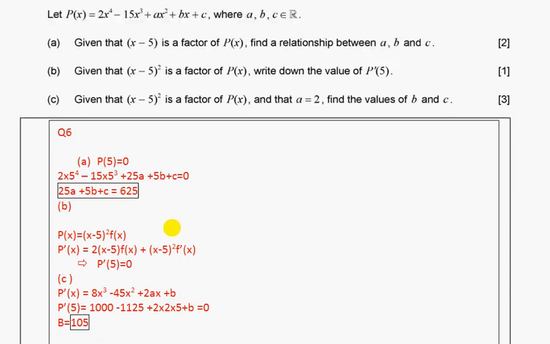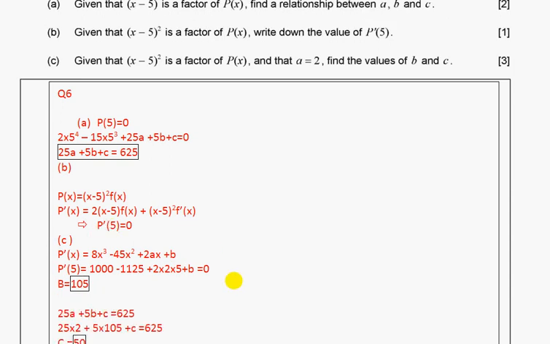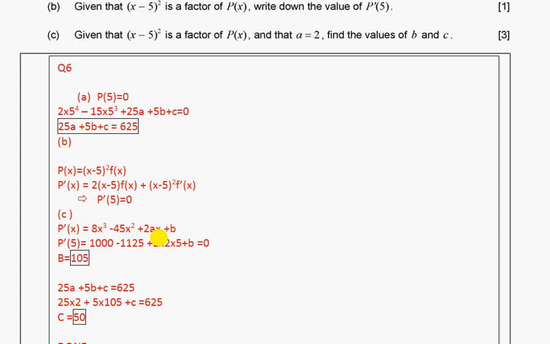So again we use the value of the derivative at 5 equals 0. We know a, and we can find b. Then we use our first expression from part a. We know a and b, we can find c. This question is done.